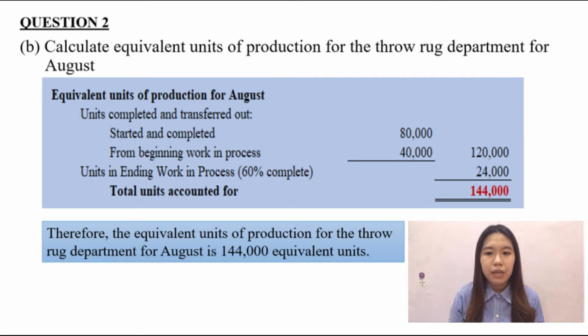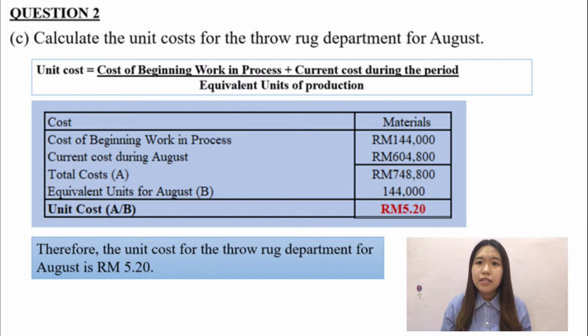The second step is to add the equivalent units completed in ending work in process with 60% complete. So units in ending work in process need to be multiplied by 60%, which becomes 24,000 units. The third step is to sum these two. This calculation results in 144,000 equivalent units.